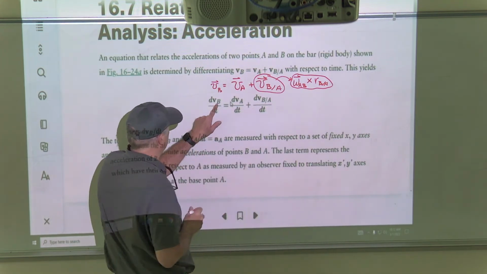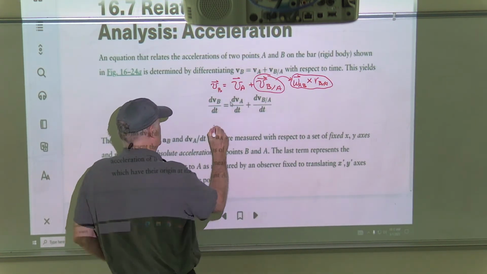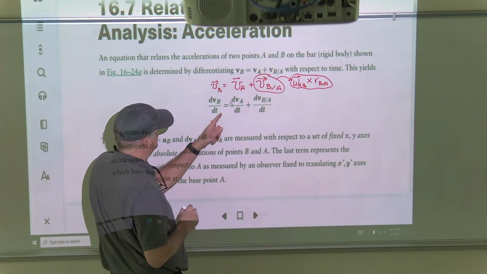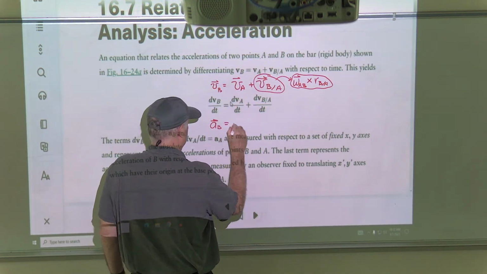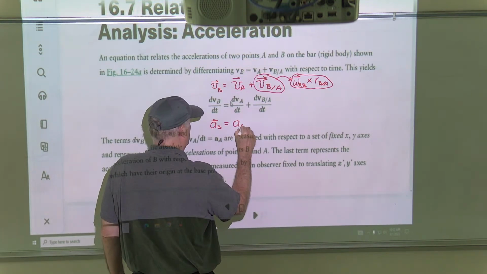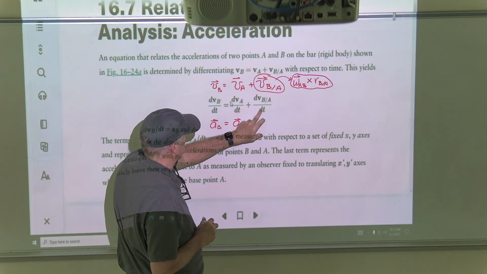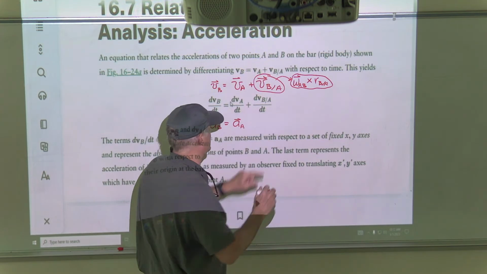So if you start taking the derivatives here, you take the derivative of b, you get the acceleration of b. And then if you take the velocity of the point A, you get the acceleration of A. And then this one is different because this is taking a derivative on that.